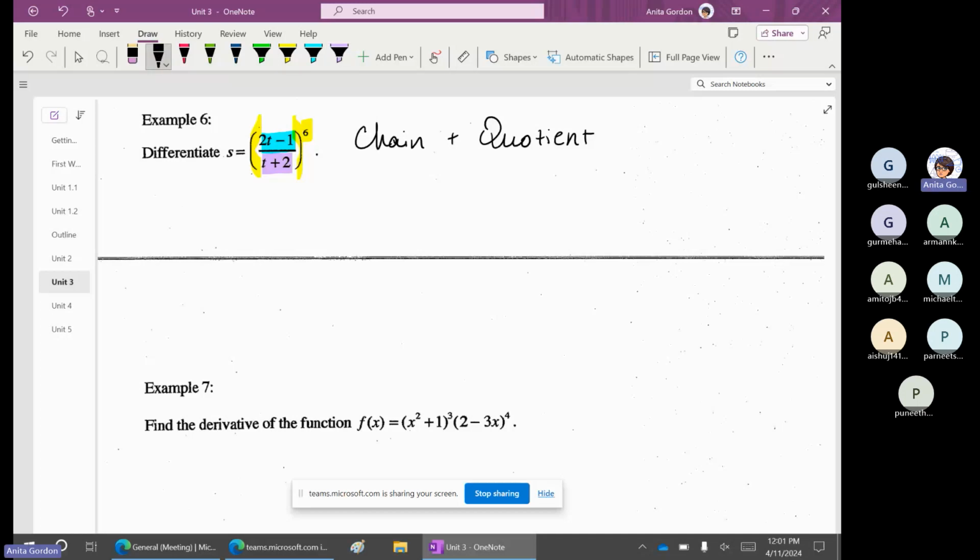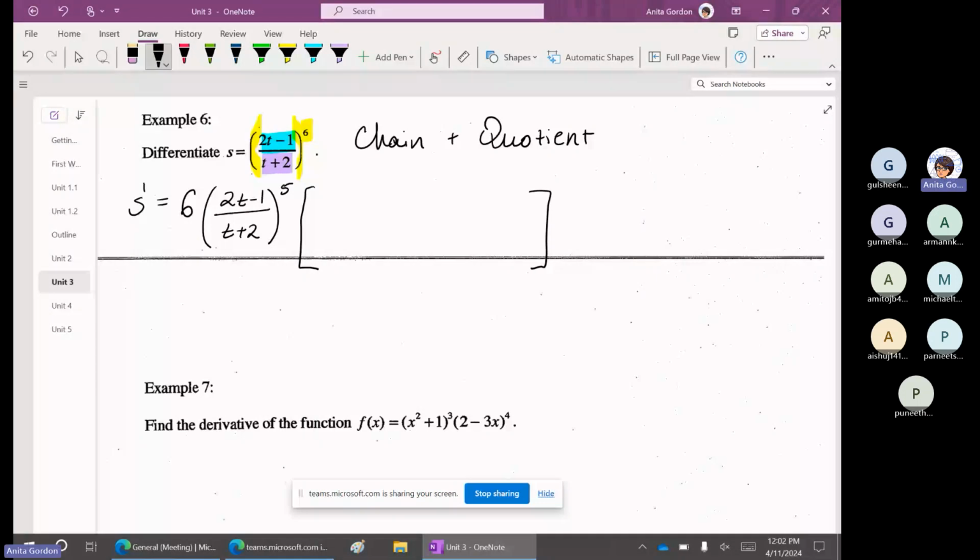Okay, my outside function is what? 6 times the stuff, 2t minus 1 over t plus 2, all to the power 5, right? So this is my outside function derivative without changing the inside. Then I need to multiply it by the derivative of the inside. I'm going to need some big brackets here.